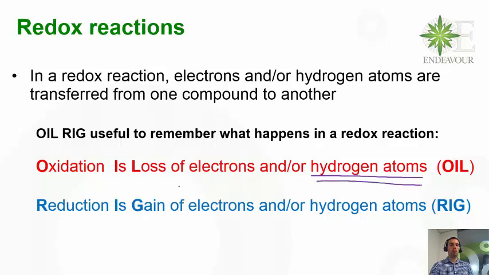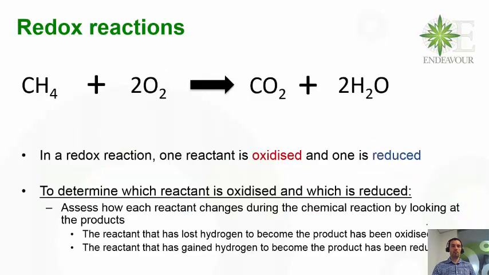So we can just think of oxidation as the loss of hydrogen atoms, whereas the RIG part of it is reduction is gain. And what are we gaining? We're gaining hydrogen atoms. So if you're ever having trouble remembering the difference between oxidation and reduction, just think of OIL RIG, and that should help you remember that oxidation is loss and reduction is gain.